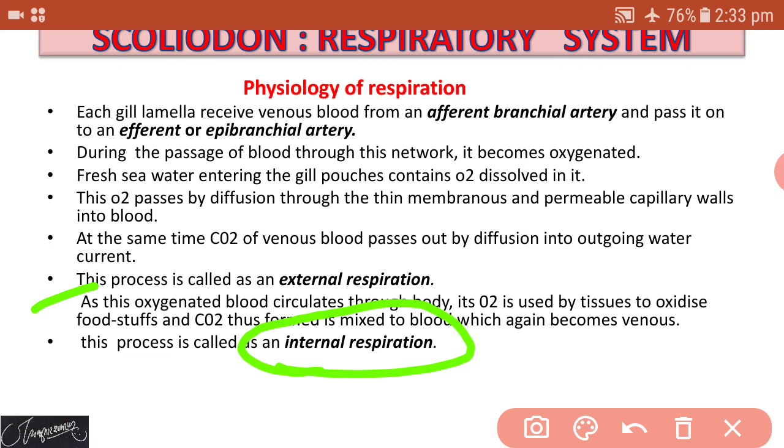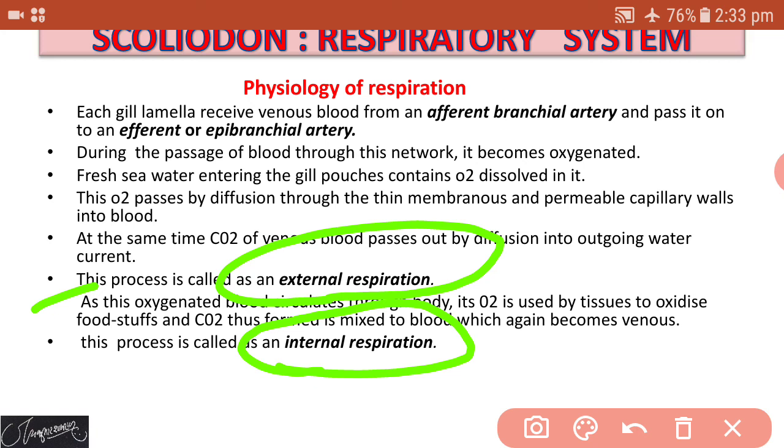At the tissue level, oxygen and carbon dioxide are exchanged, and that is called internal respiration, while the exchange of O2 and CO2 that takes place in the gill region is called external respiration.